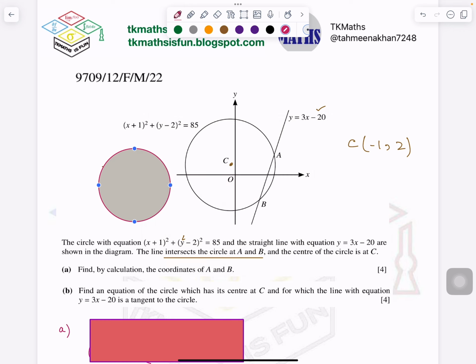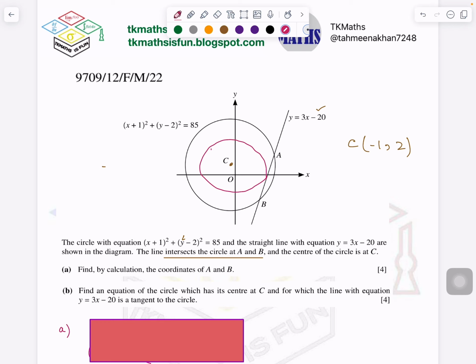Let me draw here simply a circle, which is not very perfect, which touches the line. So you have to find the equation of this circle for which the line AB is a tangent.